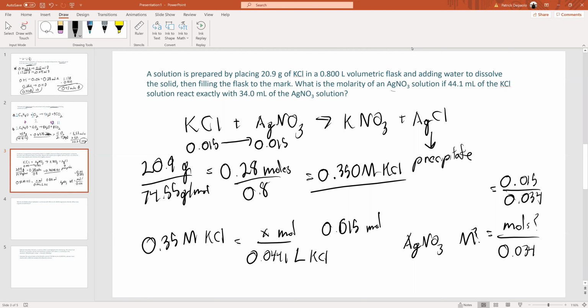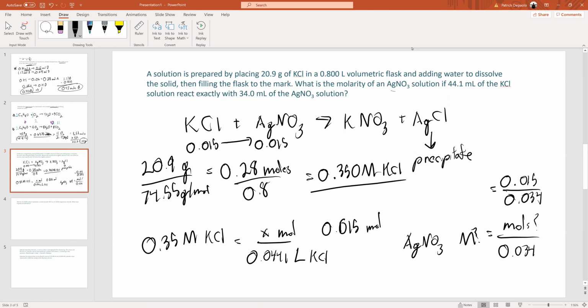Think to yourself and answer this in your head. Do you think the molarity is going to be higher or lower than the KCl? You can pause the video and think about it. But the answer is that it's going to be higher, because the KCl needed more volume to react completely with a lesser volume of the AgNO3, and they're both 1-to-1 ratios.